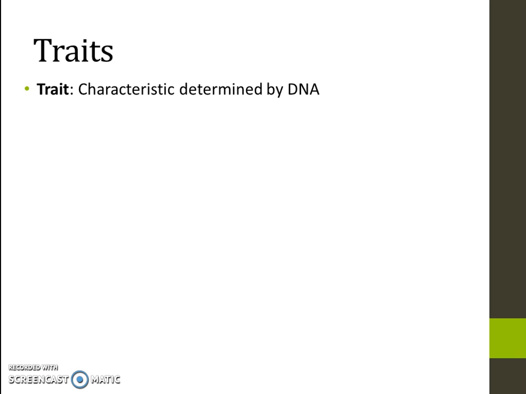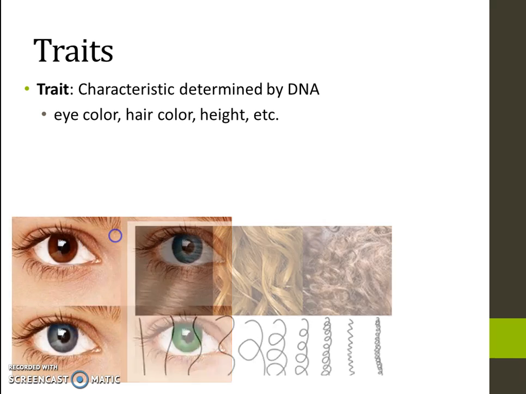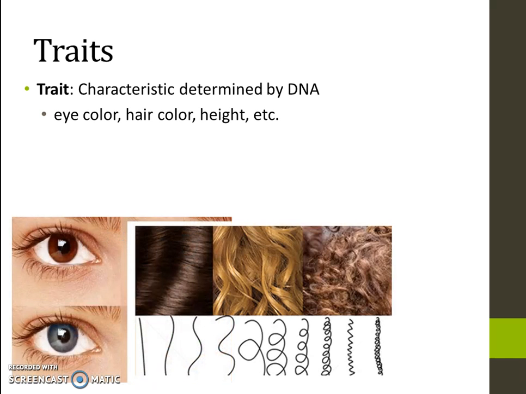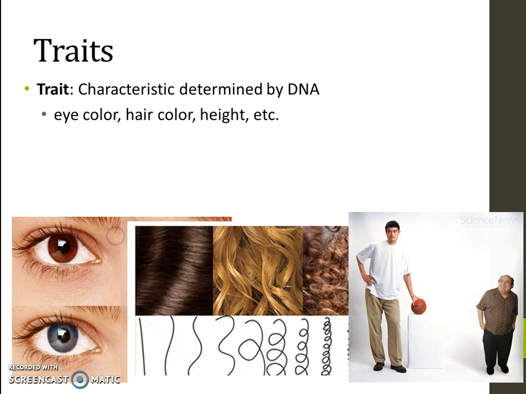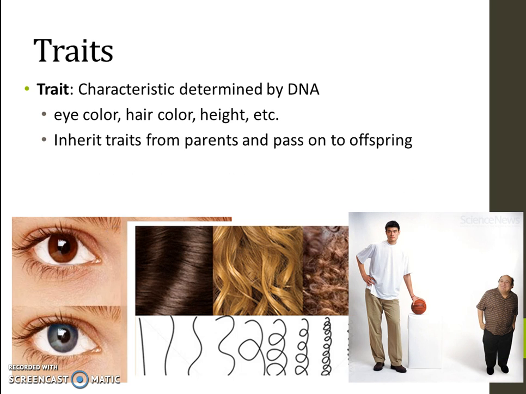Trait is just a general term we can use to describe these things. And these are things like your eye color, hair color, height, any other physical characteristic you can think of. Also, if your hair is curly or straight. And again, these are things you inherit and you also will pass on to your offspring.